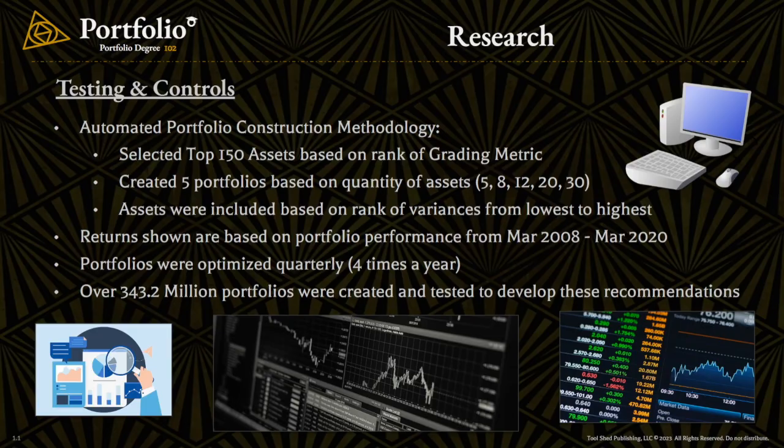We began by testing a variety of questions over a time period from 2008 until 2020. And initially, we optimized our portfolios 4 times a year and built a separate portfolio for each of the different metrics. Then we tested the grades to see which ones performed best at identifying assets to include in the portfolios.